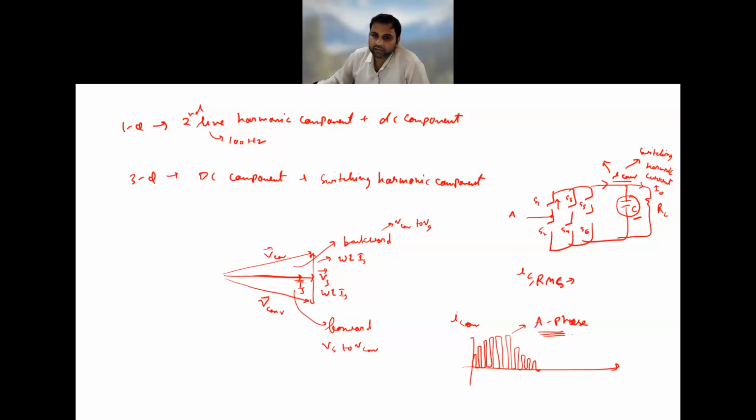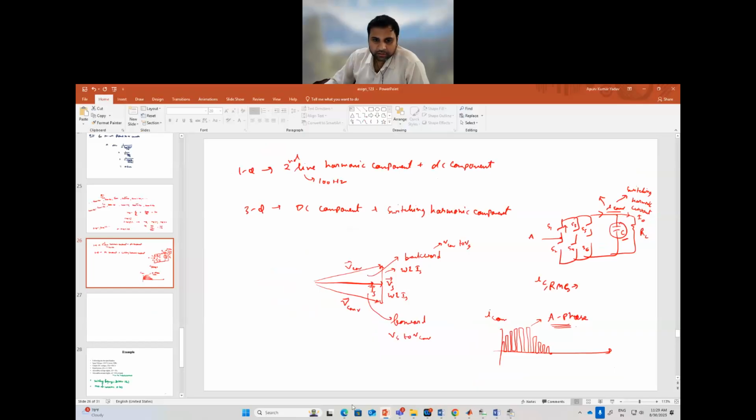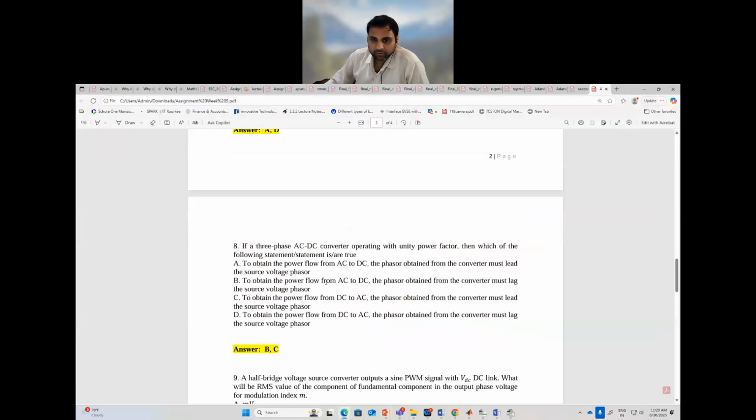That is why options B and C are present in the question. The phasor obtained from the converter must lag the source. It is correct. That means our source phasor is leading.